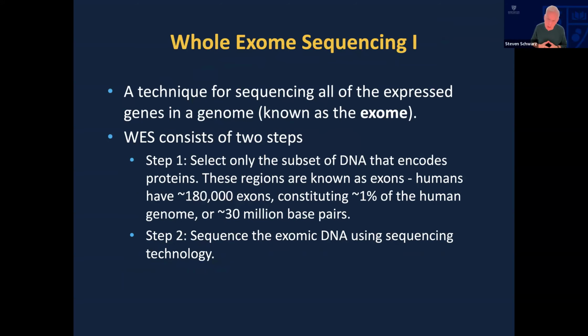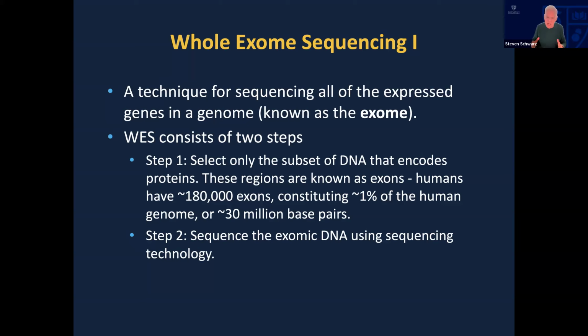Whole exome sequencing is a technique for sequencing all of the expressed genes in a genome. This is known as the exome. Now, the exome comprises only a very small component of our genome. Most of the genes, we don't know what they do. They're not generally expressed. So in whole exome sequencing, you select a subset of DNA that encodes proteins.